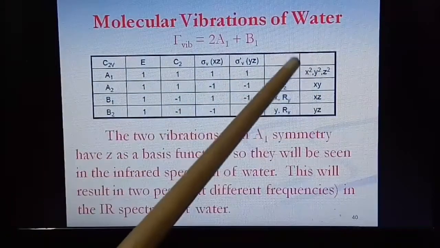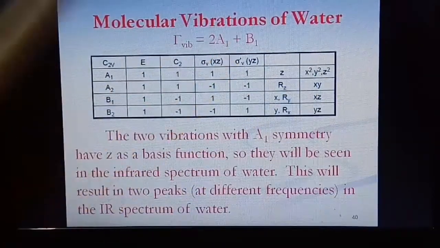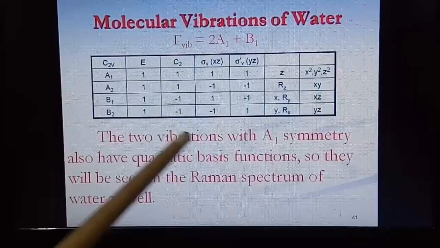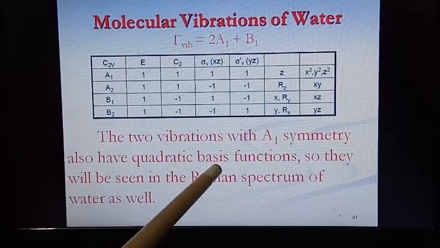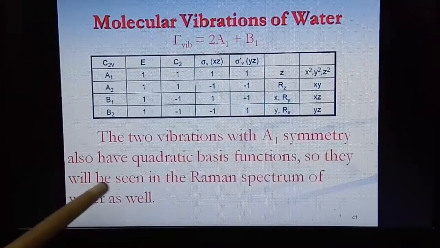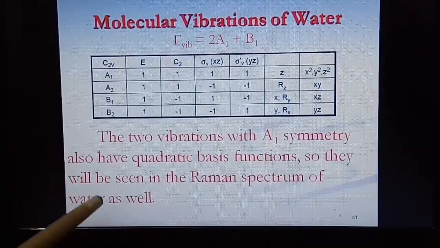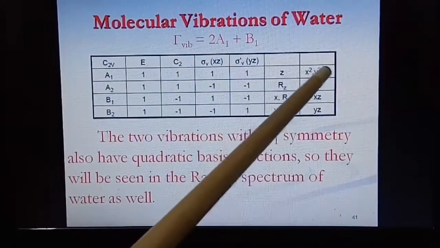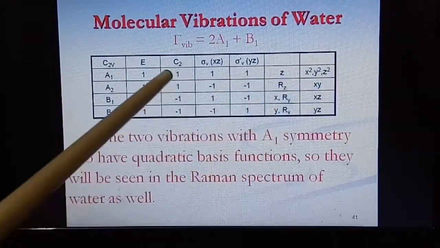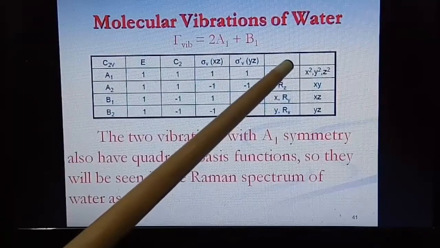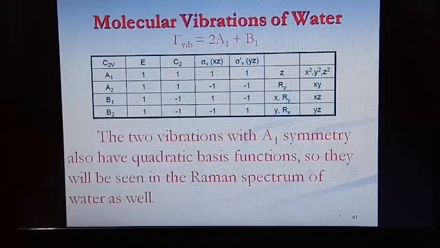They will be seen in the IR spectrum. The two vibrations with A1 symmetry also have quadratic functions, so they will be seen in the Raman spectrum of water as well. So x square, y square and z square are the quadratic functions. So these A1 vibrations will also be Raman active.